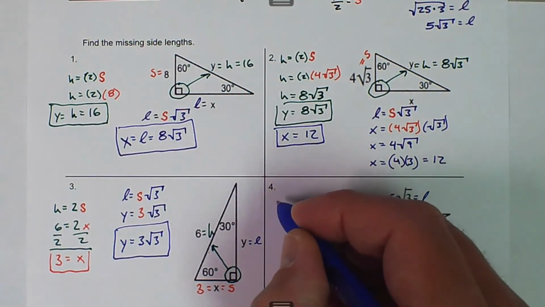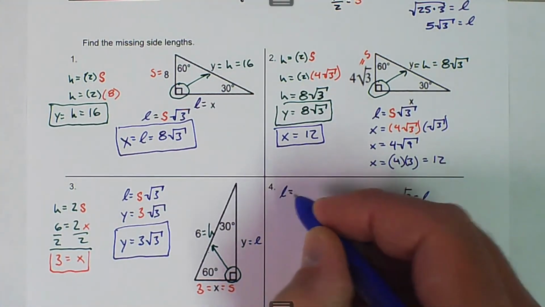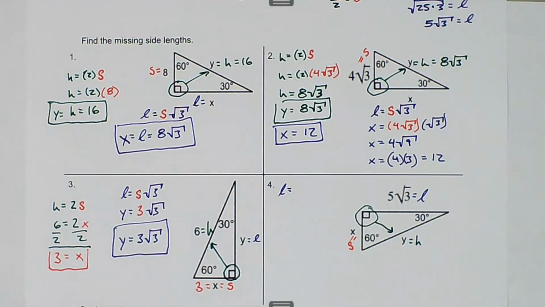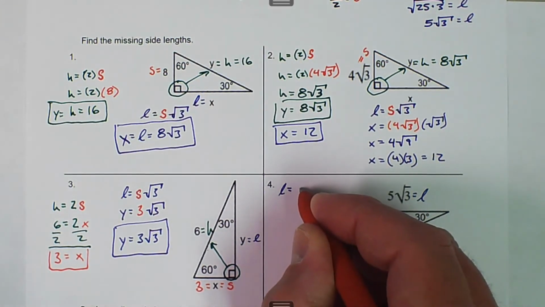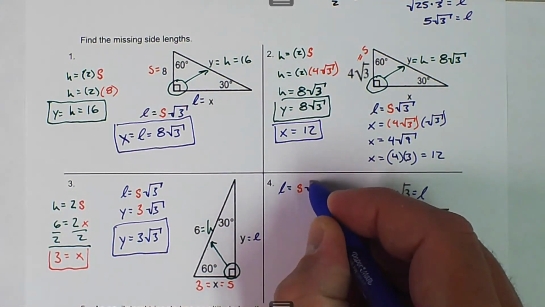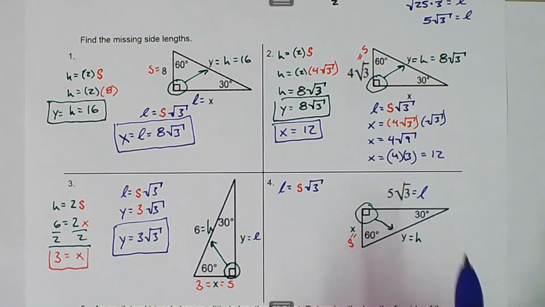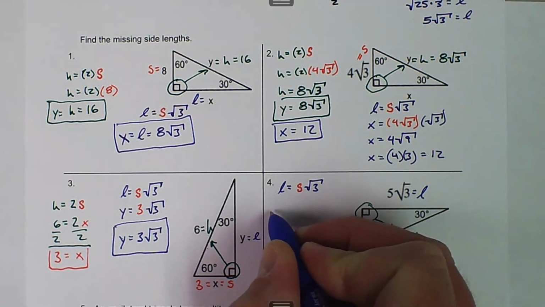And the equation is L is equal to s times the square root of 3. And we were told that our L is equal to 5 square root of 3, so we're going to substitute that in.